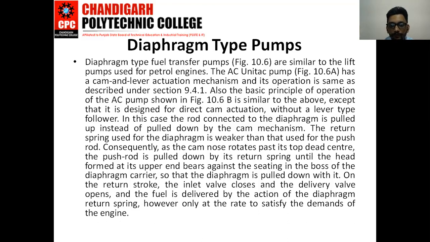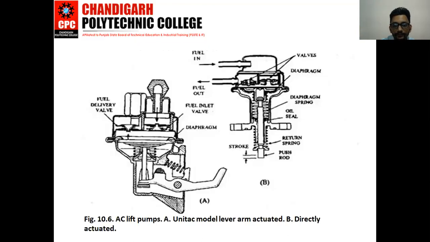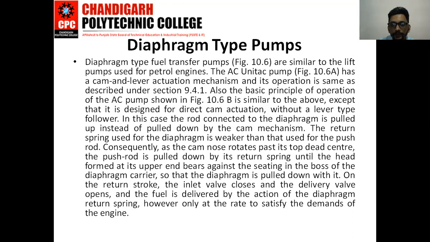Also, the basic principle of operation of the AC pump shown in figure 10.6b, on the next slide, is similar to the above, except that it is designed for direct cam actuation without a lever type follower. In this case, the rod connected to the diaphragm is pulled up instead of pulled down by the cam mechanism. The return spring used for the diaphragm is weaker than that used for the push rod.